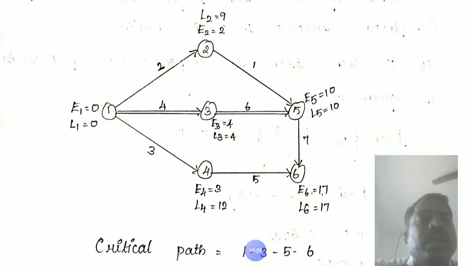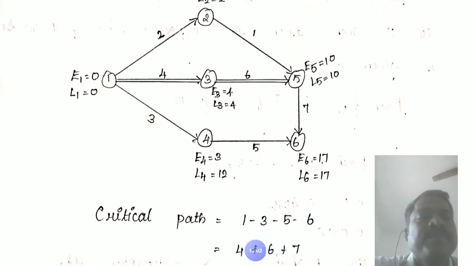E1 and L1 equal 0, E3 and L3 equal 4, E5 and L5 equal 10, E6 and L6 equal 17. Therefore E1 equals L1, E3 equals L3, E5 equals L5, and E6 equals L6. Therefore the critical path route is 1 to 3, 3 to 5, 5 to 6.